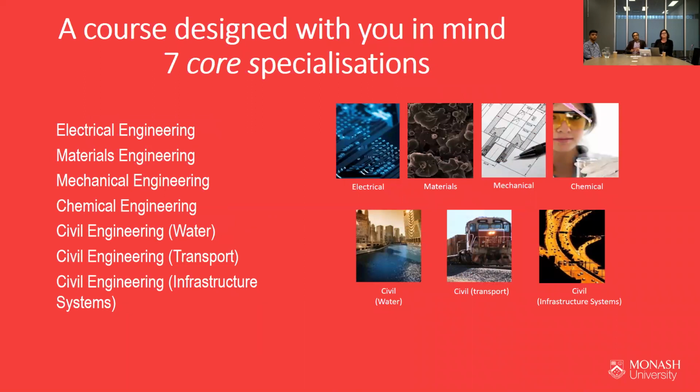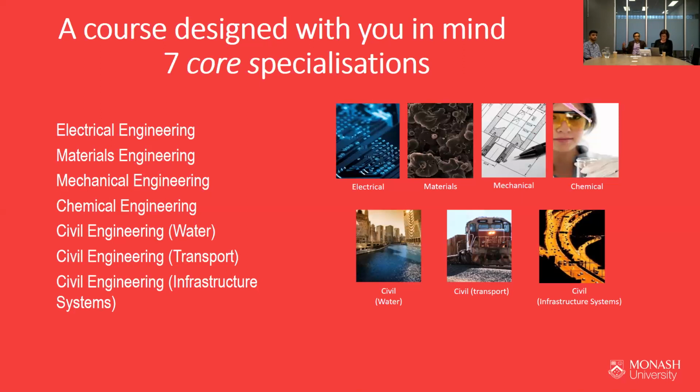Very briefly, we have 7 core specializations: electrical engineering, material science and engineering, mechanical engineering, and chemical engineering. Rowan here is going to talk more about his experiences with chemical engineering.